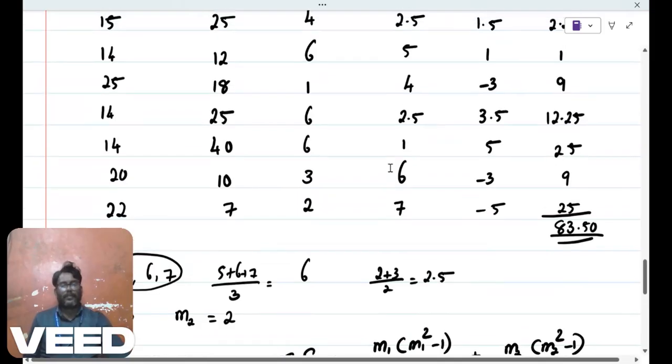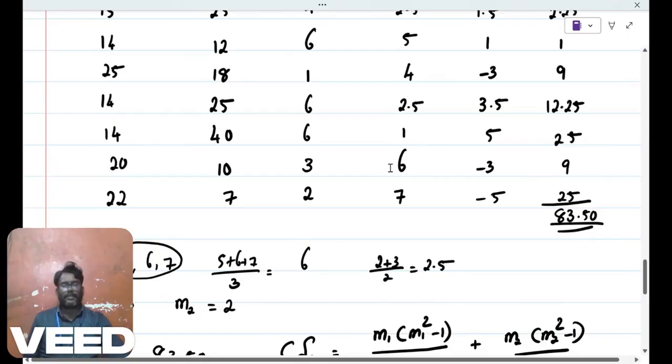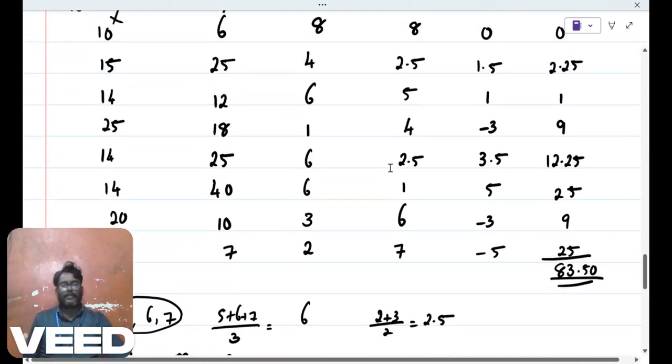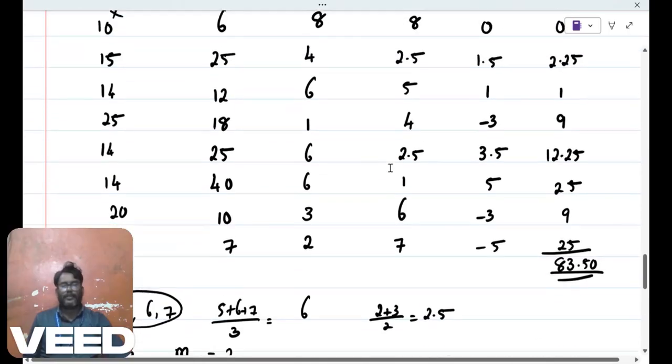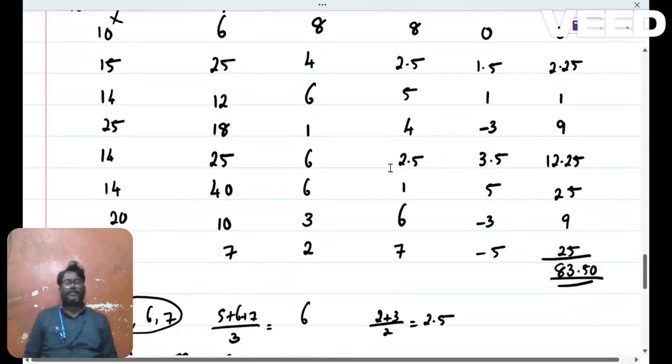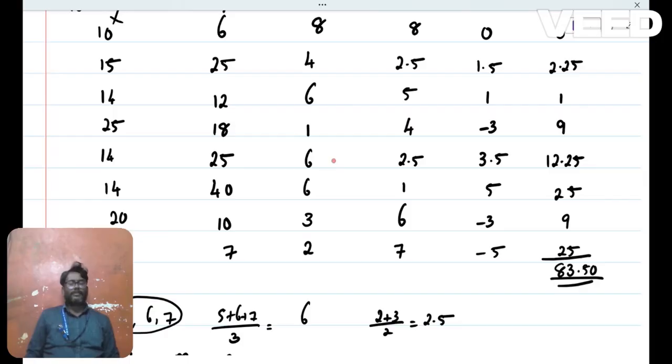We take M1 as the first repetition, so M1 is equal to 3, since there are 3 14s. So 6 will be assigned for the 3 14s, and then 5, 6, 7 is over. The last one, the 8th rank, will be assigned to the smallest value, which is 10.